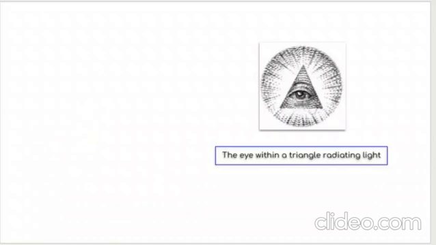Next was this symbol, the eye within a triangle, which is giving out light. So what does this do? This eye is seeing everyone, and the rise of the sun will drive away the clouds of ignorance.